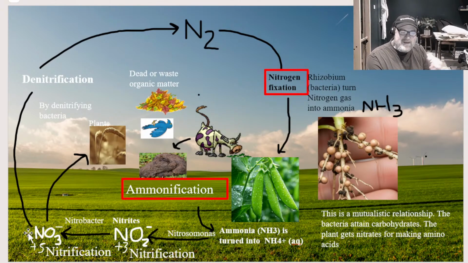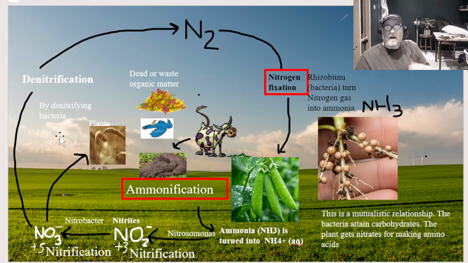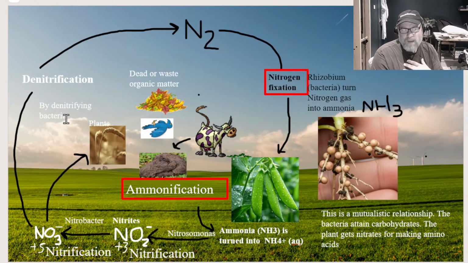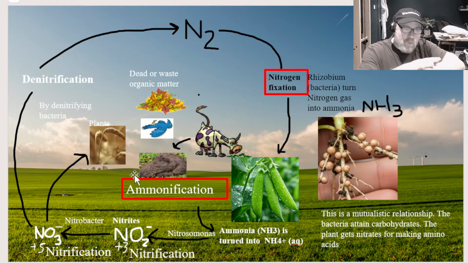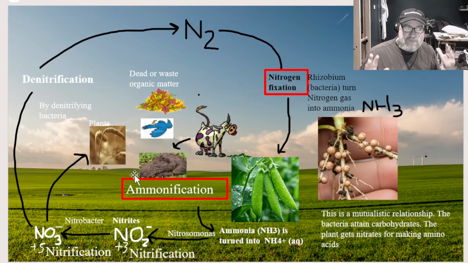However, any nitrates that are already there will be depleted because denitrifying bacteria are anaerobic. This is something we have to know as well. They don't require oxygen, so they can take the nitrates that are in the soil that plants love and turn them into nitrogen. So what happens when it rains hard and you get a flood?